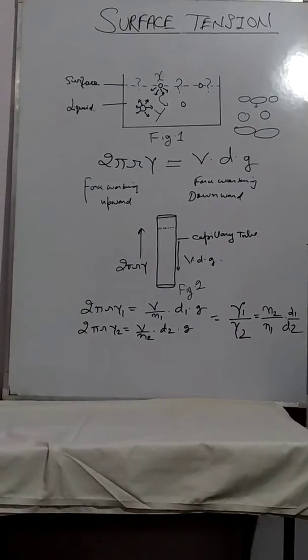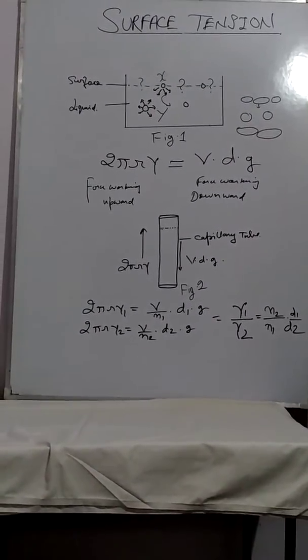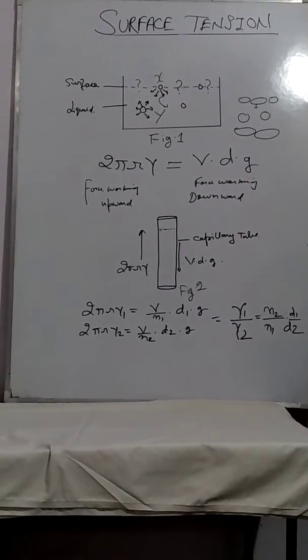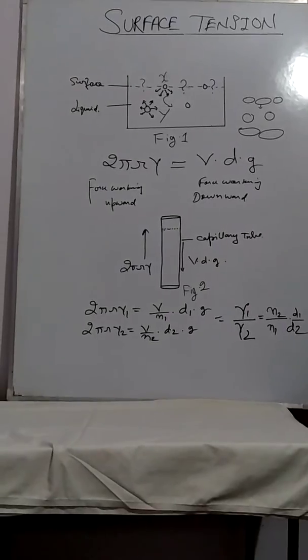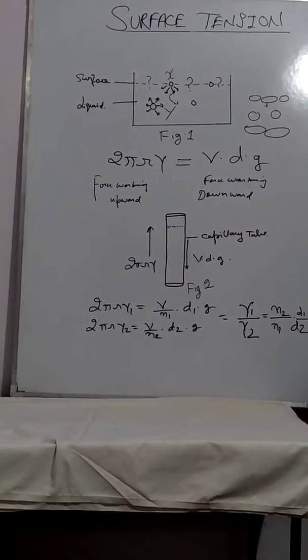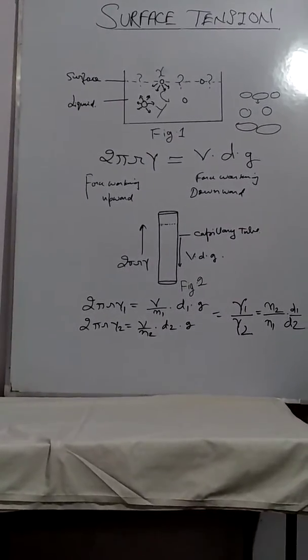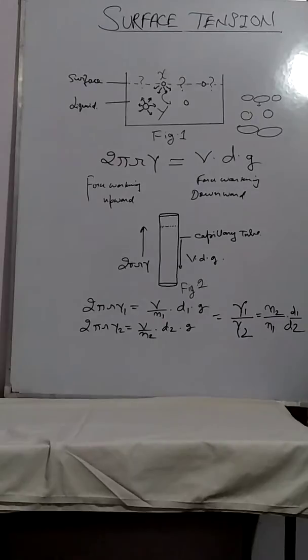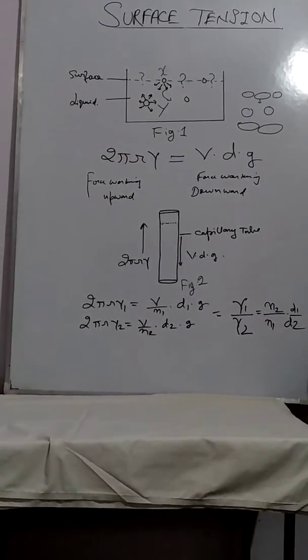So from the surface, molecules can easily move downwards to stabilize themselves and to satisfy the force working downwards, thus making the surface more tense. So this is the origin of surface tension, and it works in the case of all liquids. We will discuss the dependence on various factors later on.